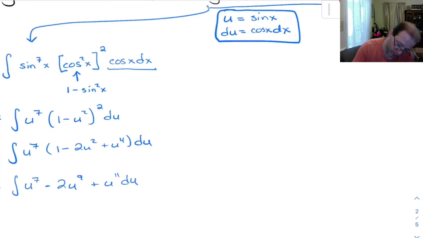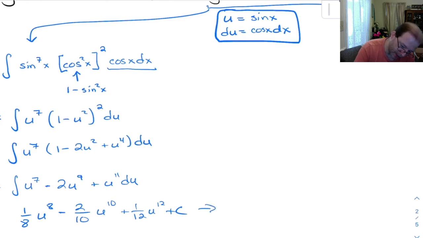So this becomes 1/8 u to the 8th minus 2/10 u to the 10th plus 1/12 u to the 12th plus c.